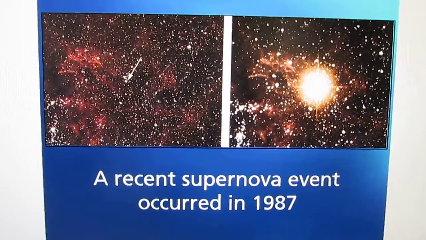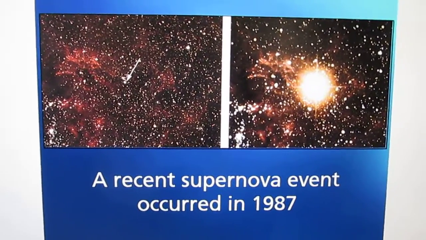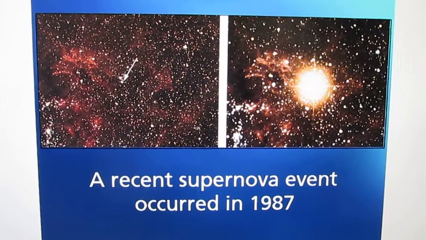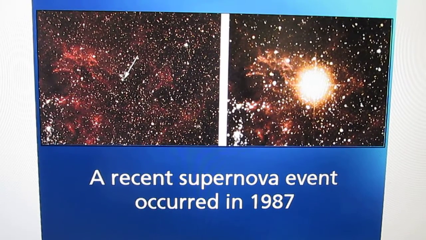What we see here is the recording of an actual supernova event. On the left-hand side is a picture of the night sky, say January 1, and you see a star that's 200 million light years away. So that means the light has taken 200 million years to reach us.